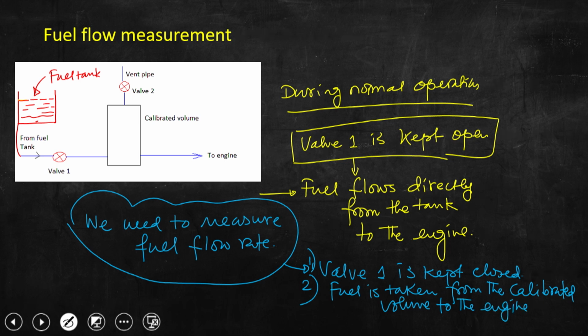So, this is the step: fuel is taken from the calibrated volume to the engine, with valve 1 remaining closed. These two steps are followed during measurement of fuel, and if we need to draw fuel from the calibrated volume to the engine during measurement, certainly valve 2 has to remain open.